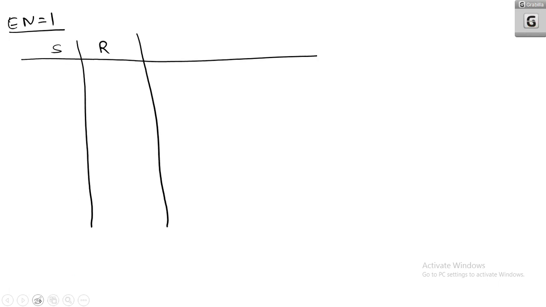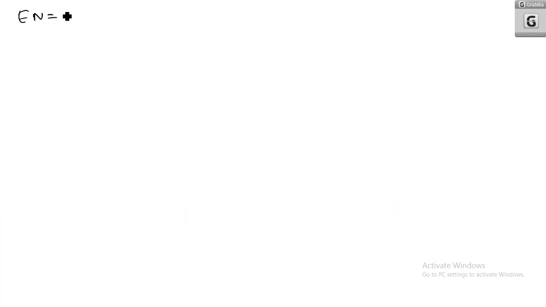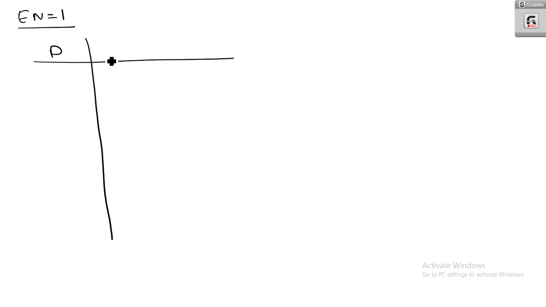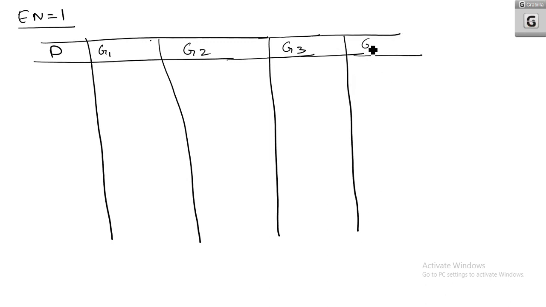There is only D. I'm going to make enable equal to 1, and I'm having D. Then what is the output of gate 1 or G1, G2, G3, and I am having G4.